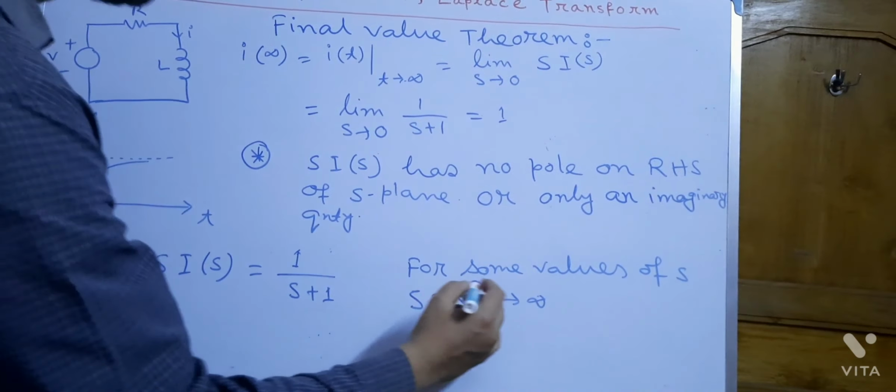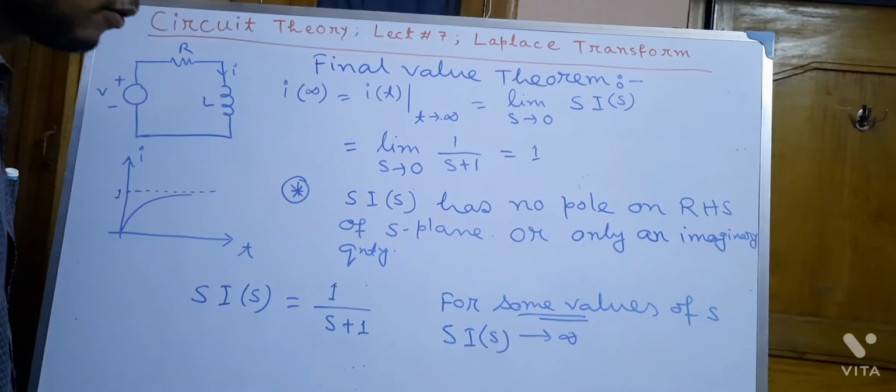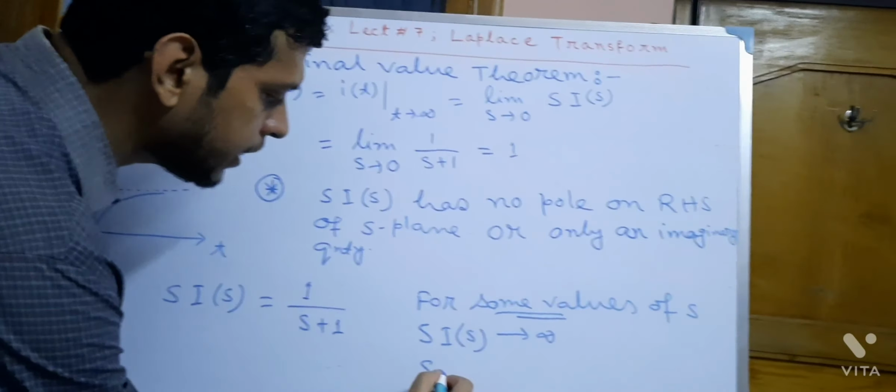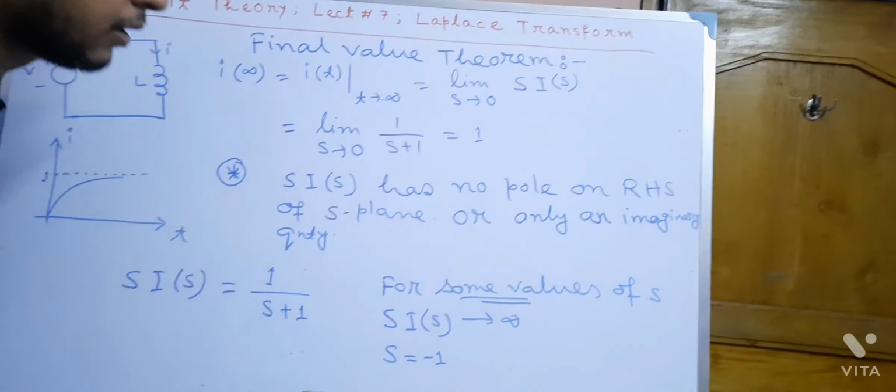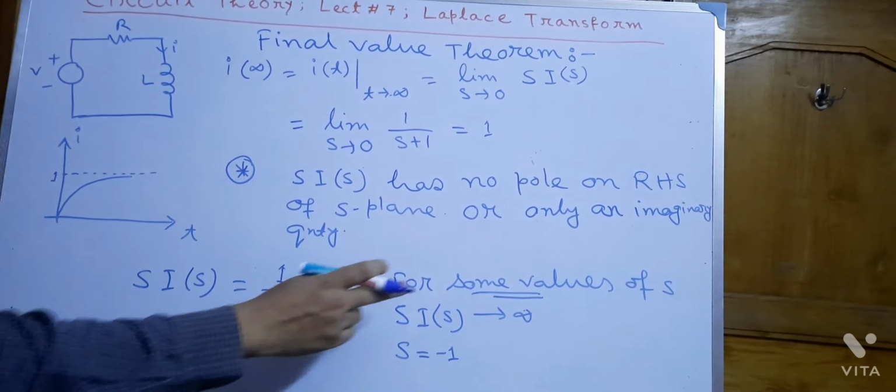These values are called poles of sI(s). Here, if s equal to minus 1, then the value of sI(s) equal to infinity.